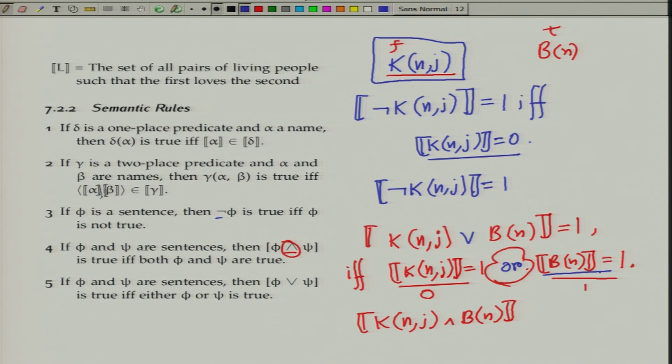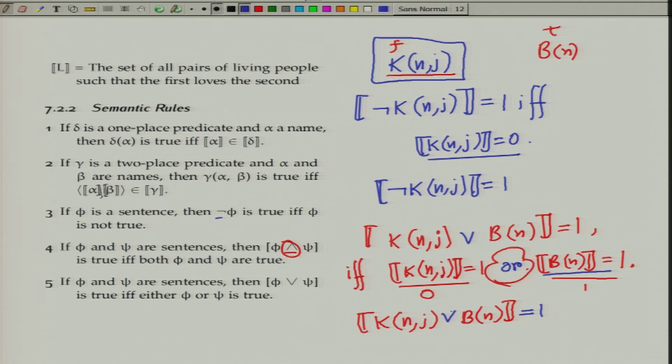Because this is true, this entire sentence will therefore be true. So we see that K n j and B n is a false sentence, but K n j or B n is a true sentence. I forgot to replace this also, I have to write or here.